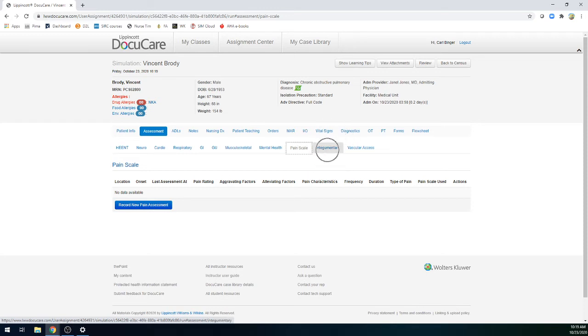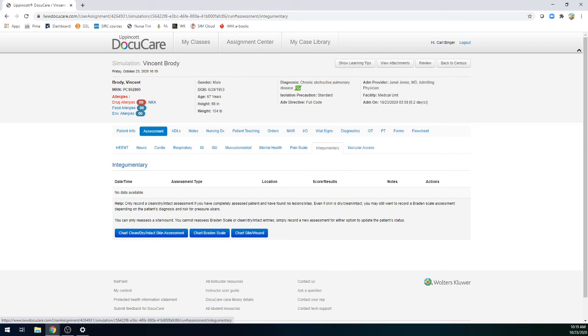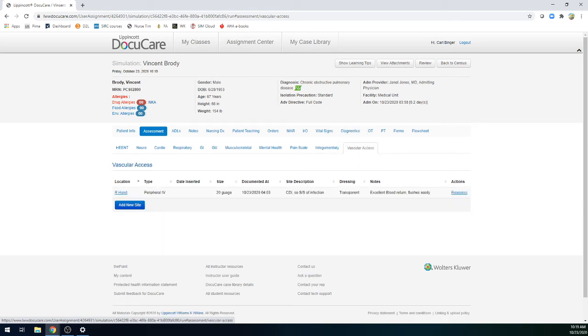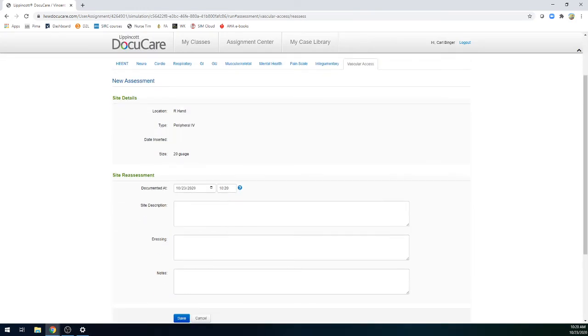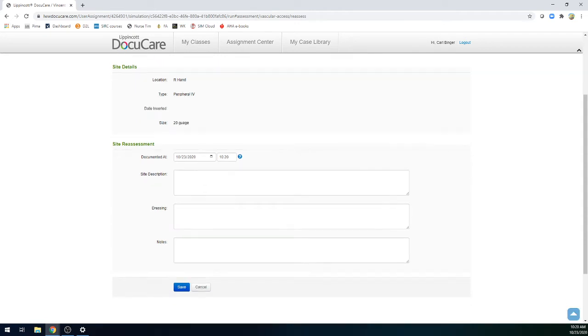Skin. We can chart on skin. Vascular access. As we can see, there is an IV already in the right hand. But if we look here, reassess. This is where you're going to do your reassessment. You'll click on it, and now you can do your assessments.